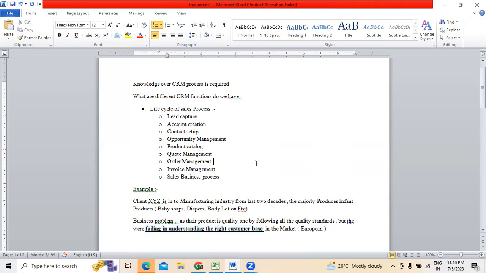Understand? Clear? If you see the sales process, it starts with lead capture and ends with sales business processes. But the customer doesn't want the product catalog or operation code management, all that. What is required is understanding the right customer base, which is the business problem the customer is facing.